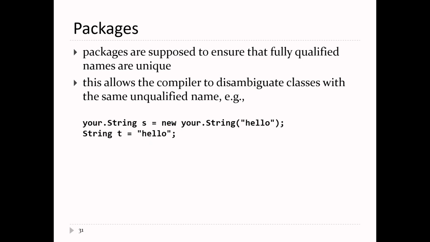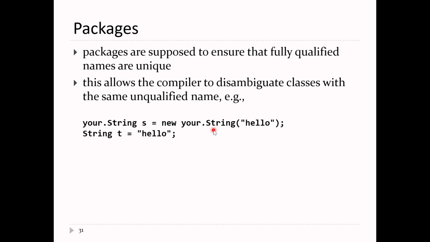To use your string, you would write new your.string. To use the regular string, you would just write string. You might have someone else's string library as well, in a different package. If you wanted to use that in your program, you use their package name followed by their string type. And now you can have multiple types, all called string, all having the same name in your program.